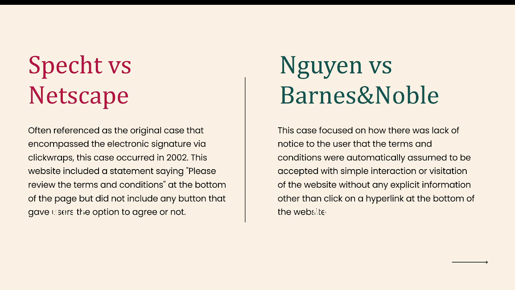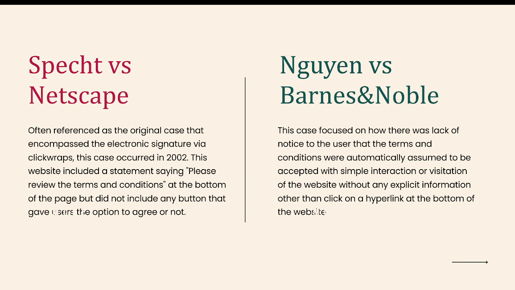Another case that popped up that is very, very important also touches on some of the more legal aspects of non-conspicuous terms. Barnes and Noble, when you opened up the website, did not have any notification that there were terms and conditions associated with the website that were just automatically assumed.